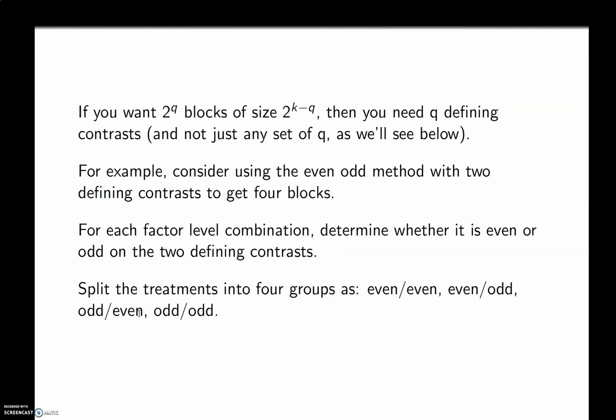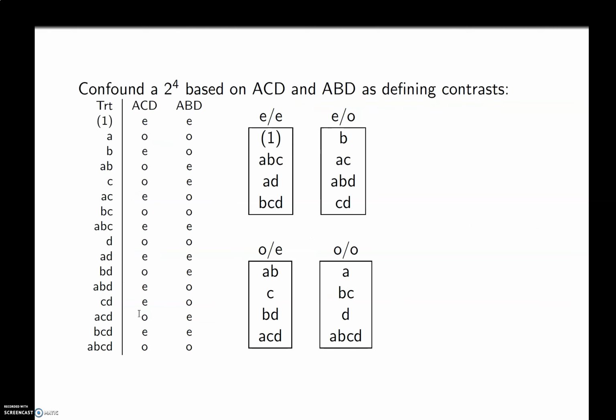So let's see this. Here we have a 2 to the 4 design based upon our 2 defining contrasts, ACD and ABD. Now, I remember being so confused when I first learned this. How do you know your defining contrasts? Right now, I really want you not to worry about where these defining contrasts come from, because they have to be informed by the context.